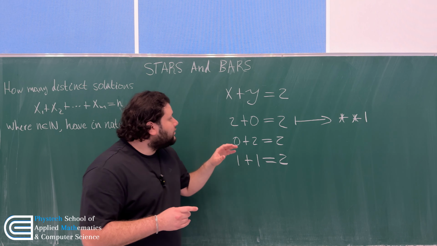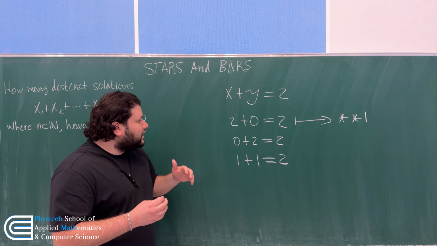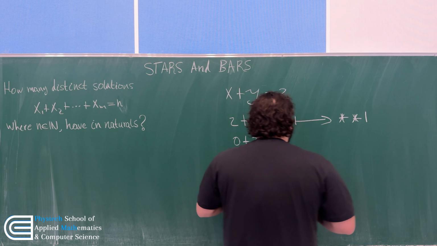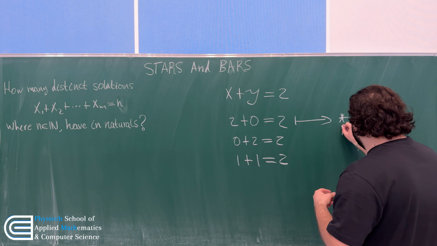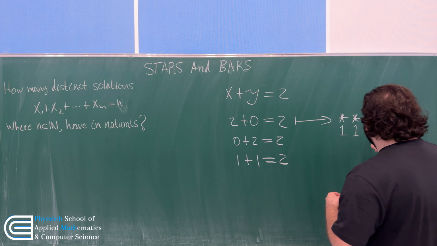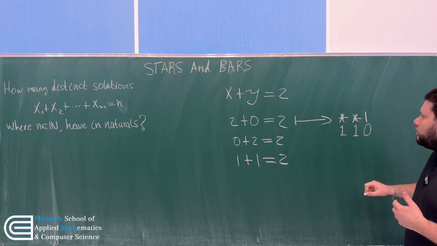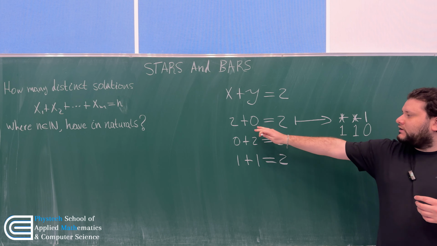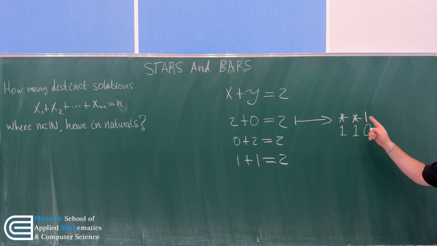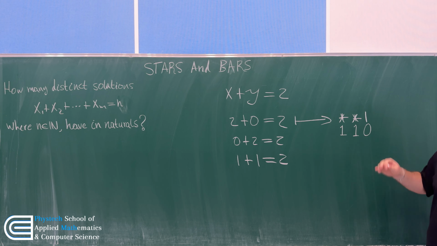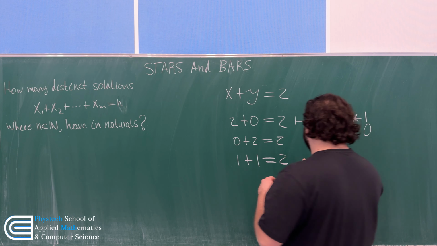Now, how can we represent these solutions using binary words? It is really easy. We are going to say that every star is going to be a 1. It means that we have 1, 1, and a bar is going to be a 0. Now we can see that this solution can be represented using bars and stars or using binary words, which I prefer. In this case, it's going to look like this.